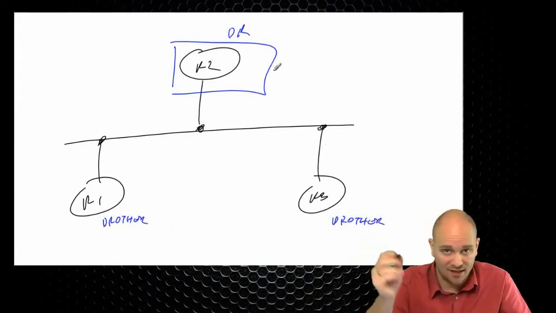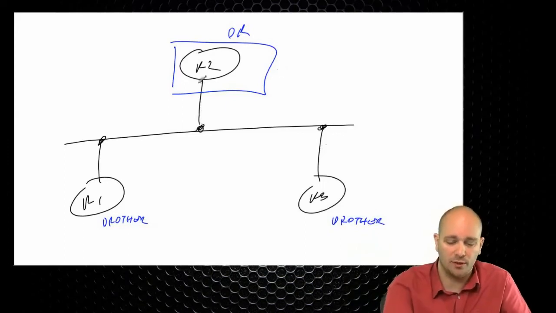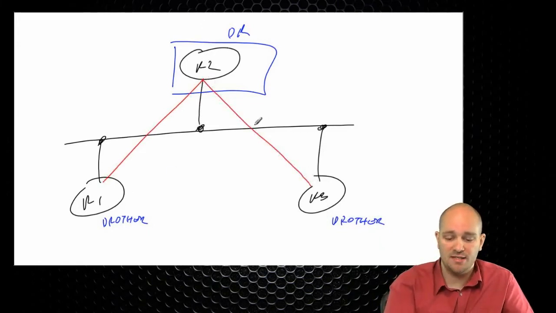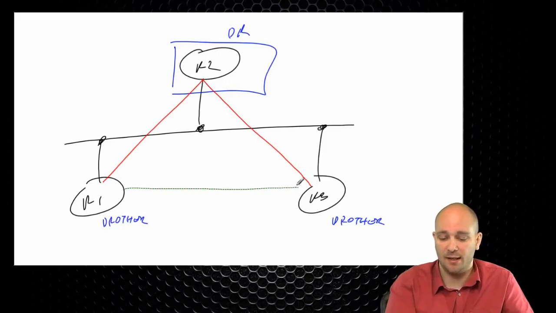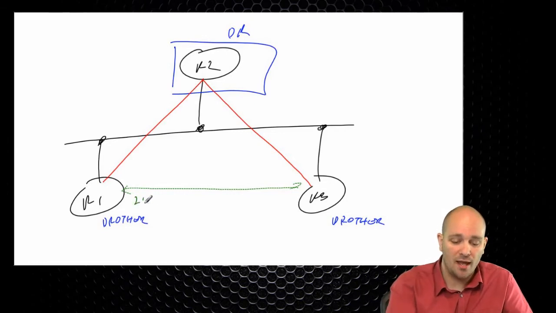Let's say that we might have a BDR. It's irrelevant for what I'm trying to show you. So this is where we will have full adjacencies. But because this is a shared segment, because this is a broadcast network type, basically R1 and R3 will know about each other, and they will be in a stable two-way state.